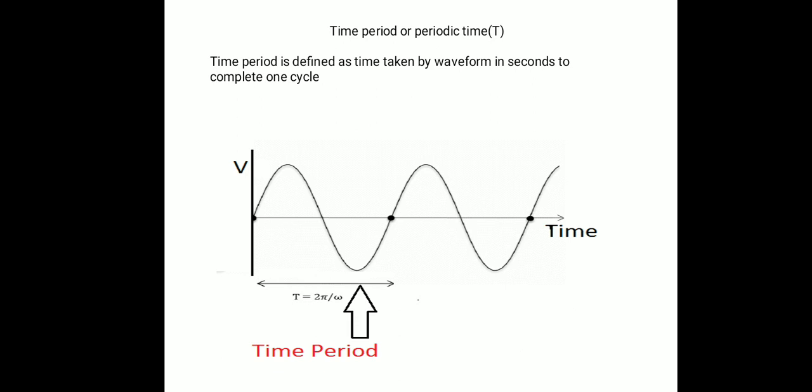To complete this positive half and negative half, it needs some time. That time required to complete one complete cycle is called the time period. So it is a simple statement. Time period is defined as the time taken by a waveform to complete one cycle, and that time should be in seconds.